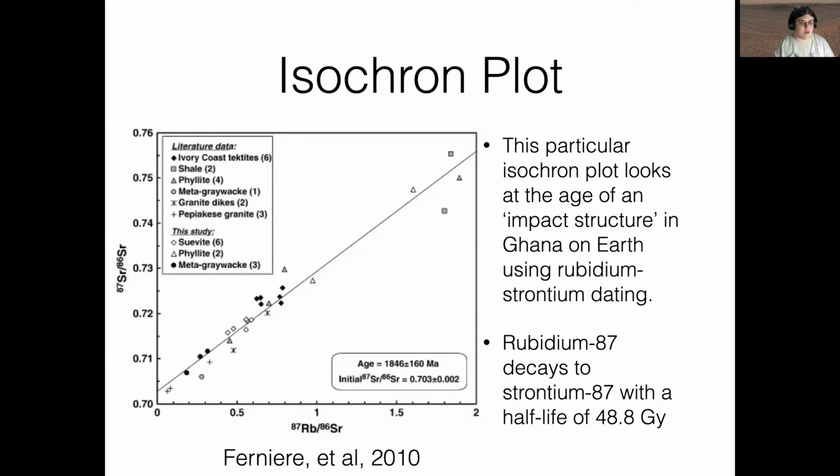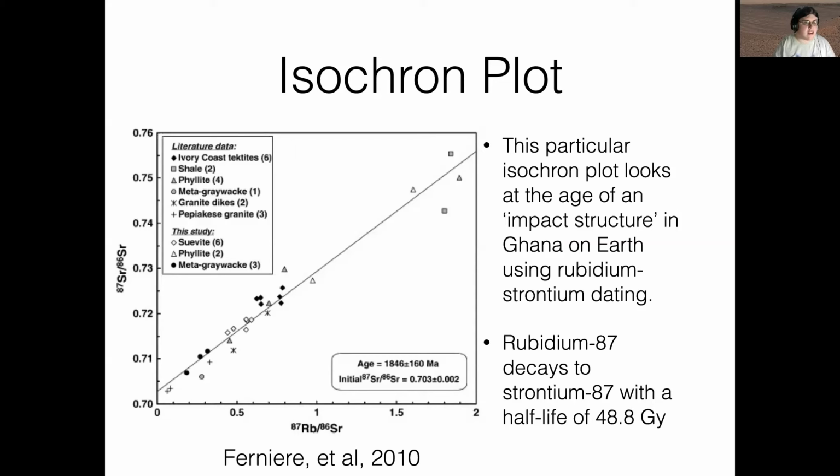So here's an example of one from a paper. This is looking at rubidium-strontium dating. So here, rubidium is the parent, strontium-87 is the daughter, and strontium-86 is the reference.